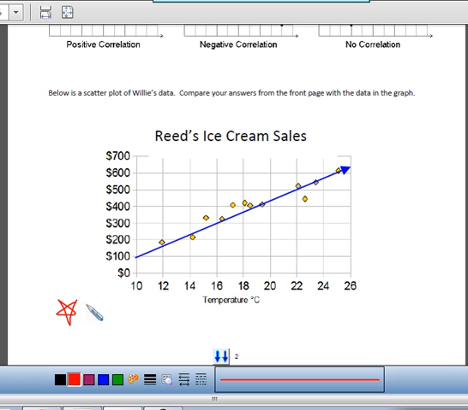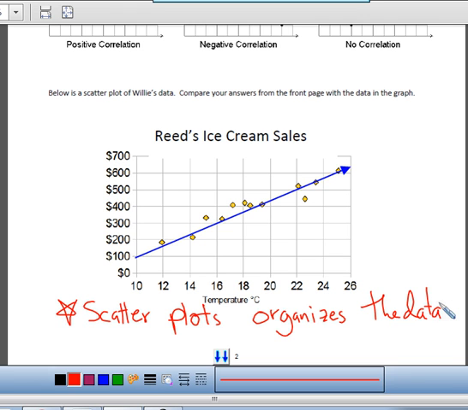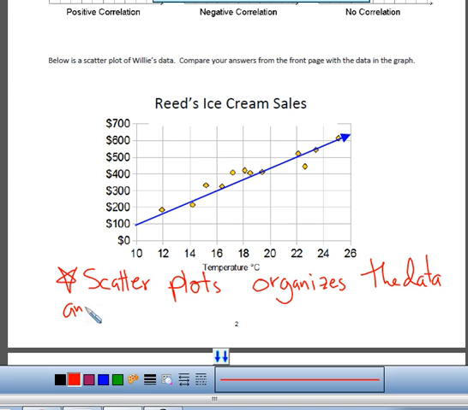So, let's put something important at the bottom here. Scatter plot organizes the data and provides an easy visual to answer the questions.